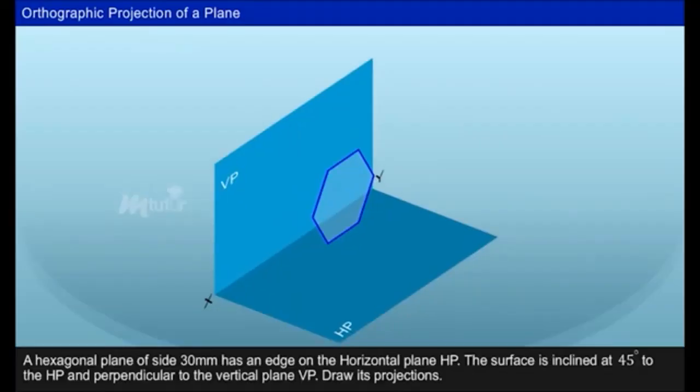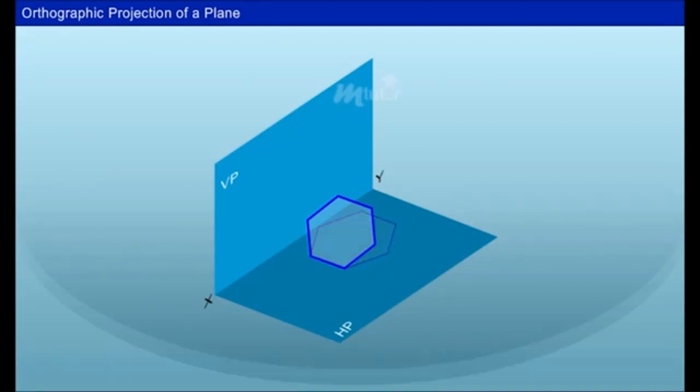A hexagonal plane of side 30 mm has an edge on the horizontal plane HP. The surface is inclined at 45 degrees to the HP and perpendicular to the vertical plane VP. Draw its projections. Initially, we just saw the simple position of the hexagon, but it is very difficult to recognize its inclined position.